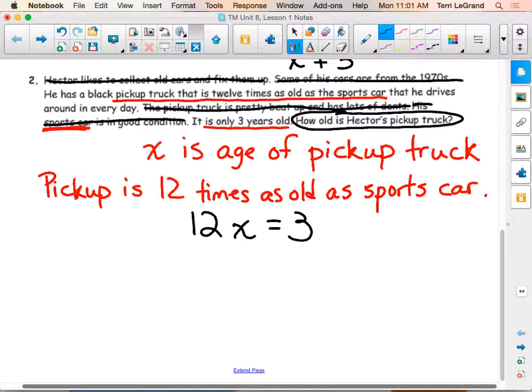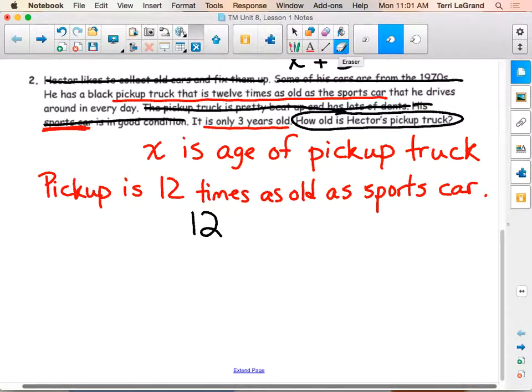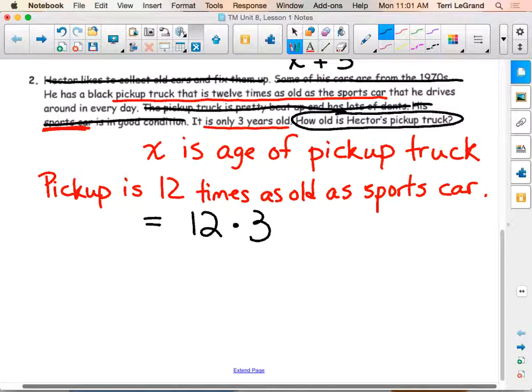Caden? 12 times 3 is, so 12 times 3, the age of the sports car, is the age of the pickup.